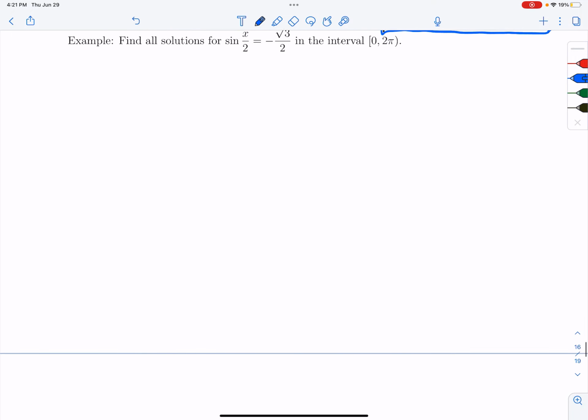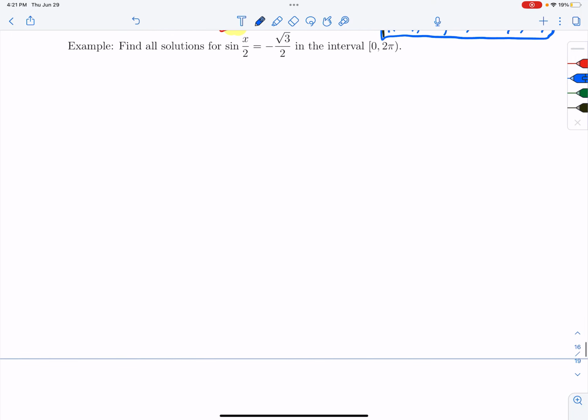This one says find all the solutions of sine of x over 2 is equal to negative root 3 over 2. And again, this is in radians. Now I said that a composition of a trig function here is when the angle is getting multiplied by something. So this is 1/2 times x.